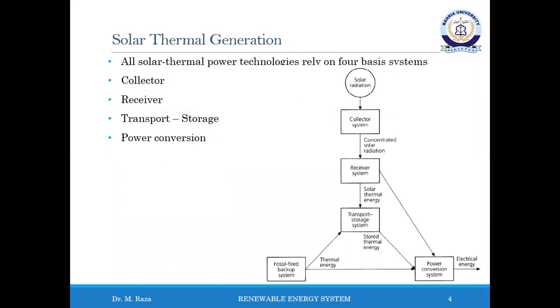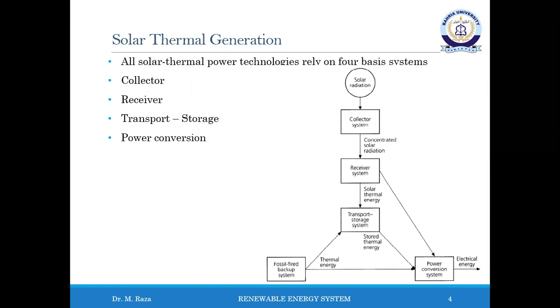All solar thermal power technologies rely on four basic systems, that is collector, receiver, transport, which means storage, and power conversion system. Most solar energy technology involves special equipment that is added to or incorporated into a structure to collect, convert, and distribute the energy gained from the sun.